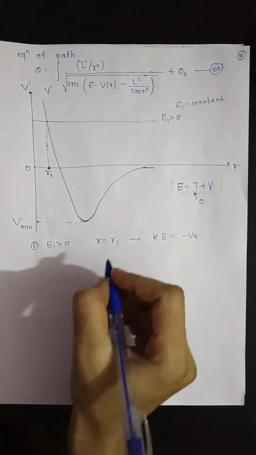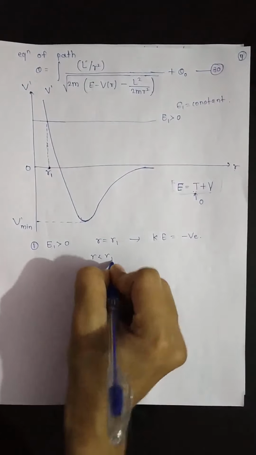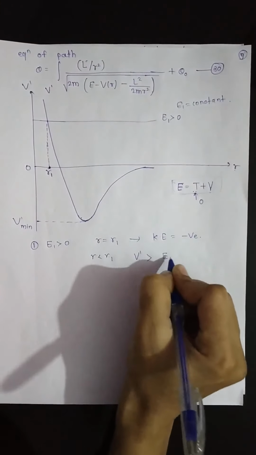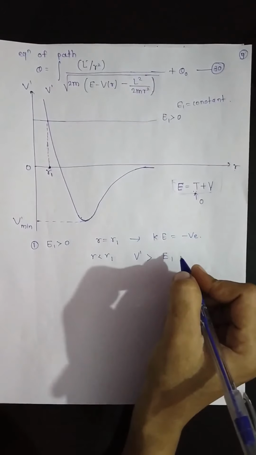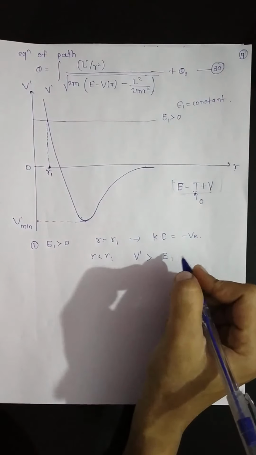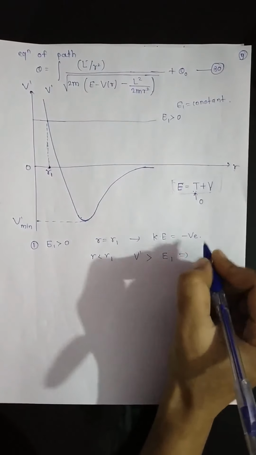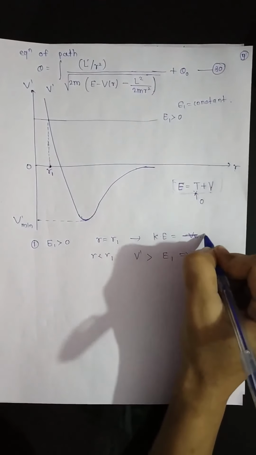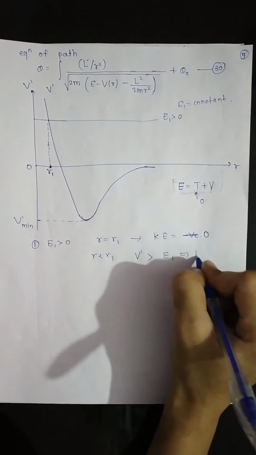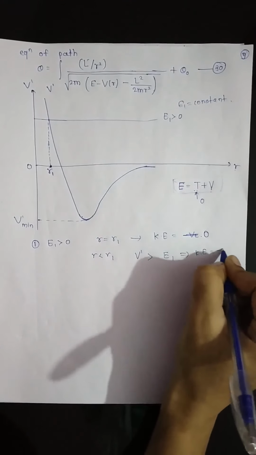For r less than r1, this V dash will be greater than E1. So for r less than r1, when V dash exceeds E1, again, this was my mistake, kinetic energy is 0. Here, kinetic energy will be negative.